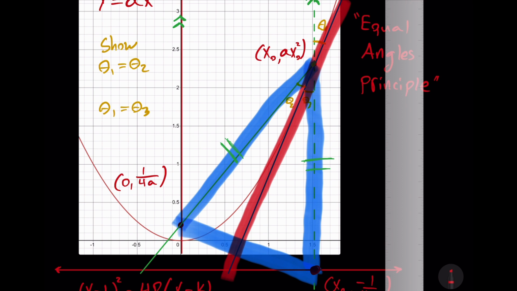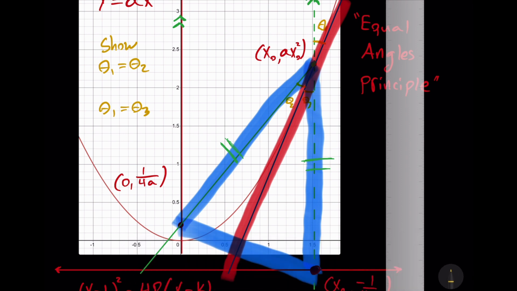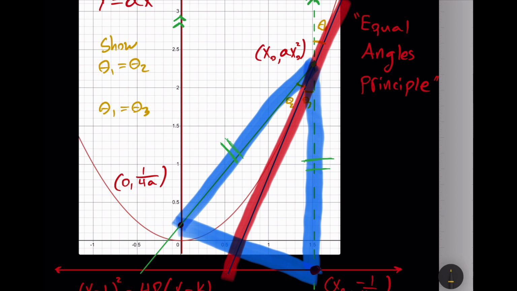There are different ways to calculate it. The most convenient way is through calculus. And technically, I'm not supposed to be covering calculus in this video, but because it's convenient, I will. But there are other ways to do this. So remember, we have y equals a x squared, and we're thinking about the point (x naught, a x naught squared).